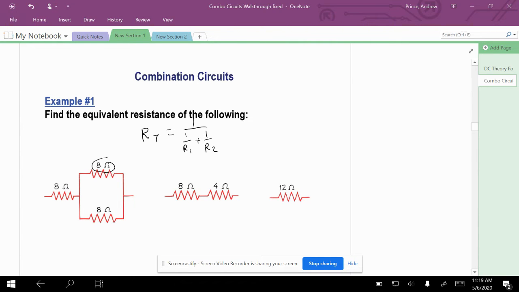And by inputting the 8 here and the other 8 here, we can get the total. So by combining these two, we're going to get 4 ohms if you plug that in right. What you can see in the next step here is what they plugged in.